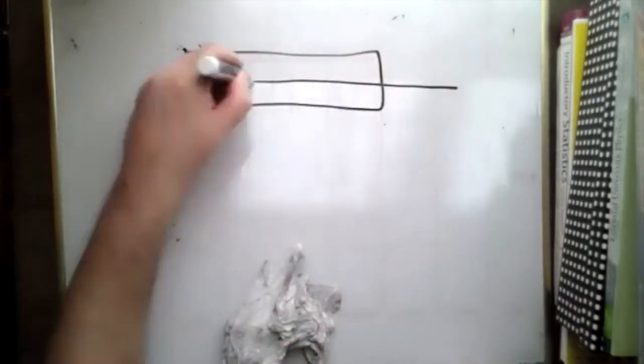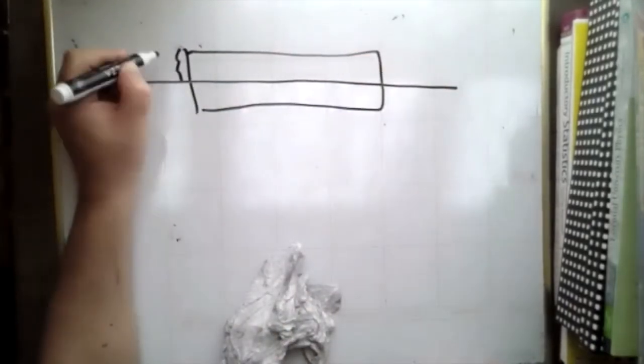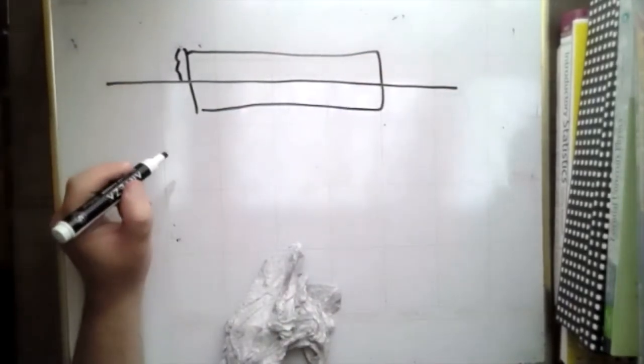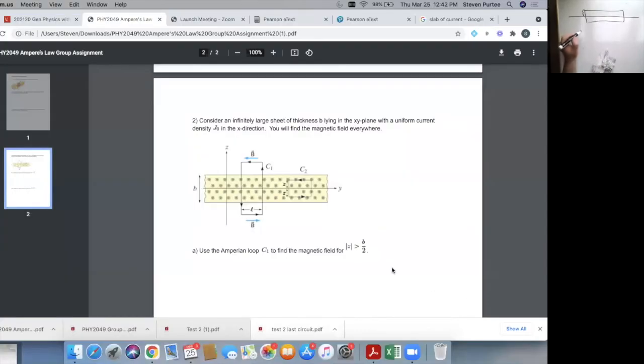Here's my slab. This distance was b over 2. So like here on the picture, we just did this line integral. Now we're going to do this one. So this is the picture I'm redrawing now.